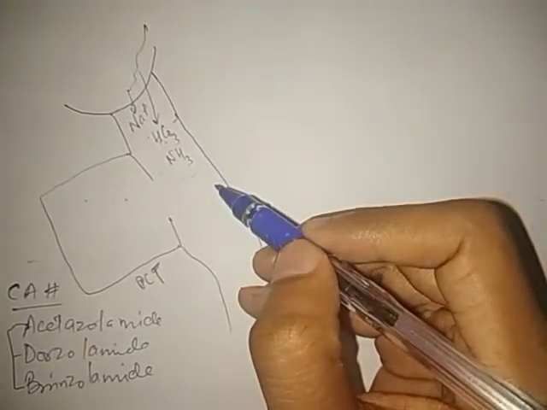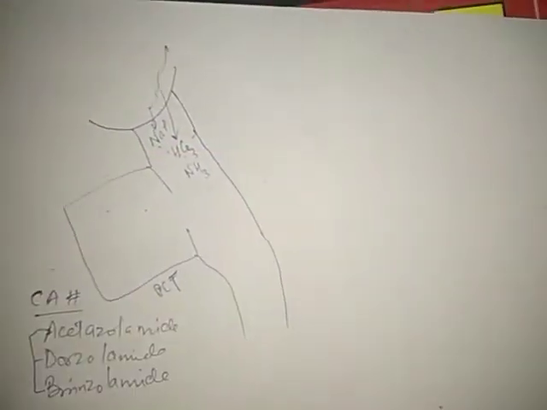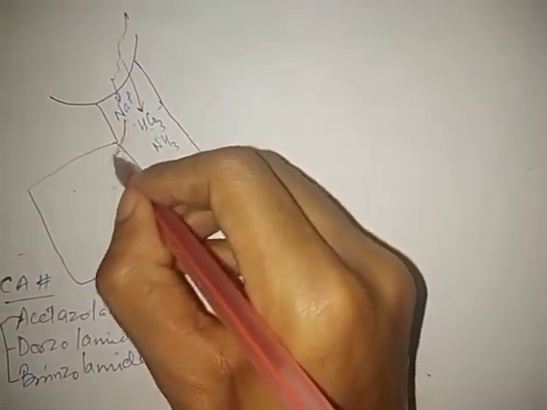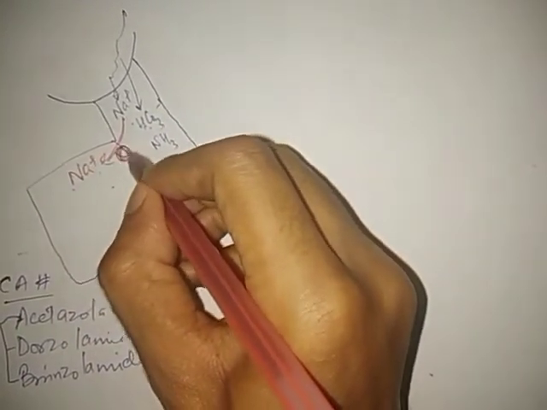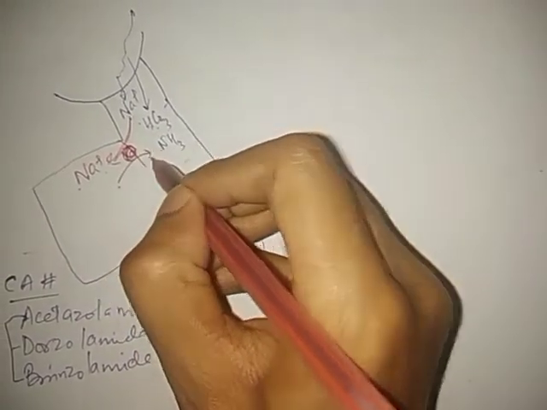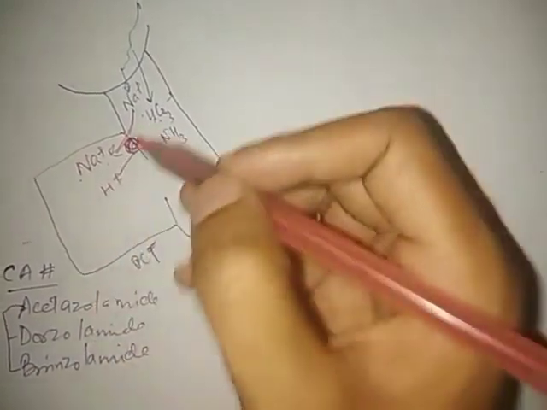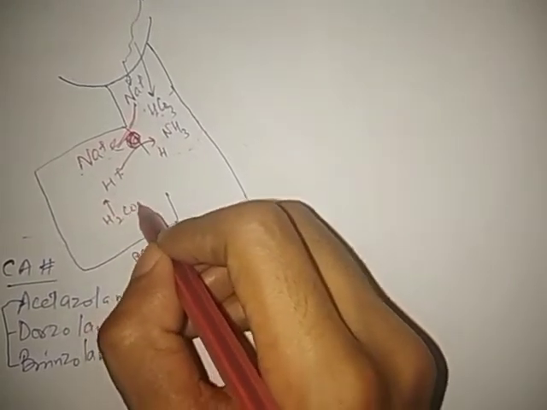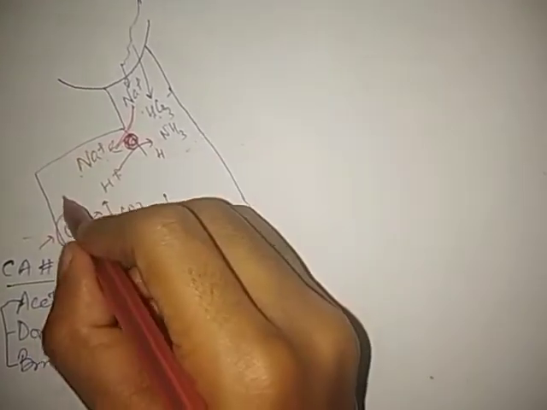Let's see how it is happening. The sodium which is being reabsorbed is reabsorbed here. When it is reabsorbed, it throws a hydrogen ion into the lumen, and this hydrogen ion is produced because of the breakdown of H2CO3, and this work is done by the carbonic anhydrase enzyme, which is being blocked by the carbonic anhydrase inhibitor.